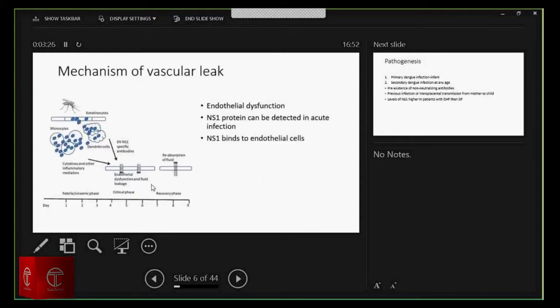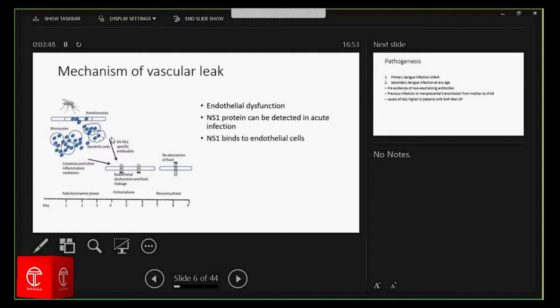As for the mechanism of the leak, when the mosquito bites, the monocytes get inflamed. The main pathophysiology is that the dengue NS1 protein and NS1-specific antibodies disrupt the vascular endothelium, causing a breakage in the endothelial barrier, which leads to vascular leakage.